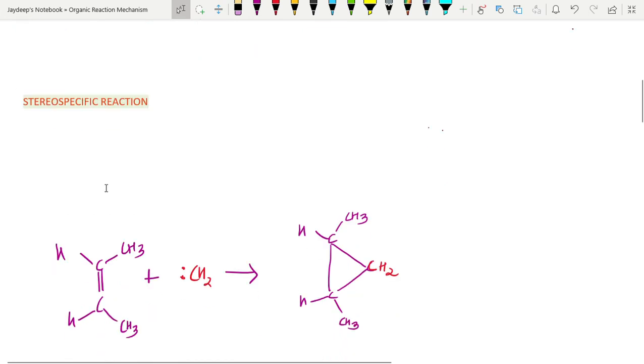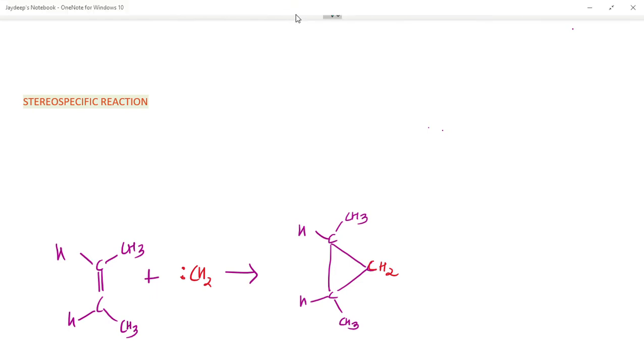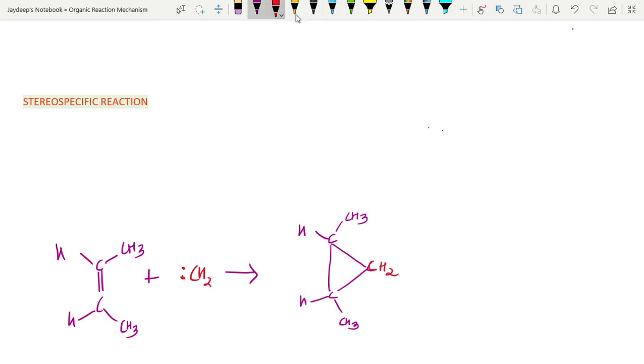Cheletropic reactions are specific reactions. Why are they specific? If you consider cis 2-butene, when it reacts with carbene, it gives a cis product.